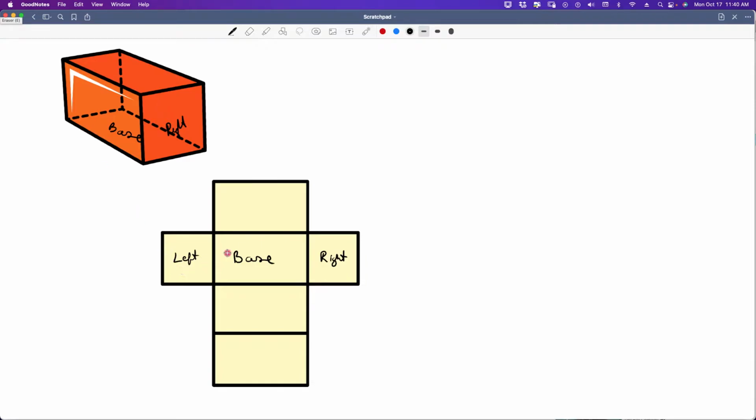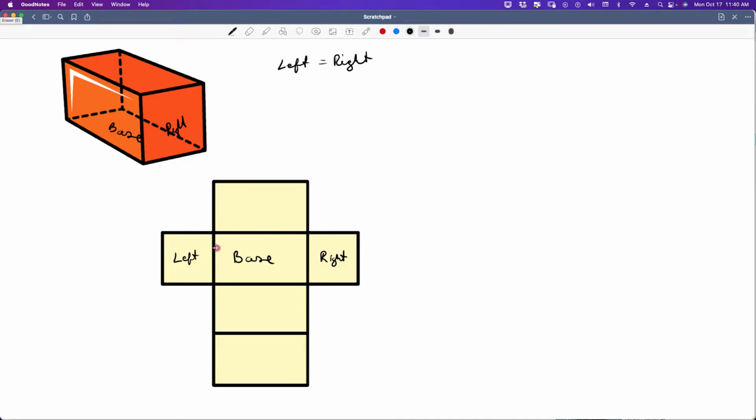So the left is going to be equal to the right. So what that means for us mathematically is that when we calculate the left, we can multiply it by 2 so that we can get both areas without having to calculate it twice. But if you want to calculate it twice just to make sure, go for it.